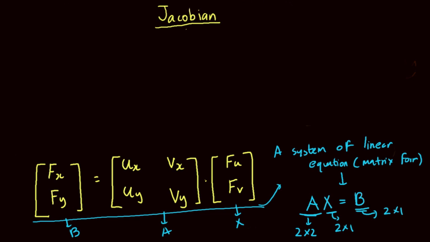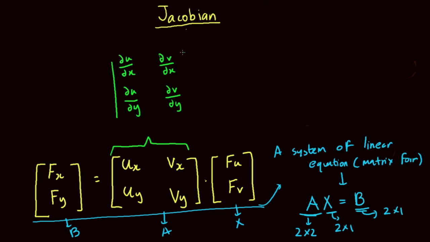So this particular matrix we talked about earlier, if you find the determinant of this matrix, with del u over del x, del u over del y, del v over del x, and del v over del y, you find the determinant of this particular matrix A, this is what we call the Jacobian.